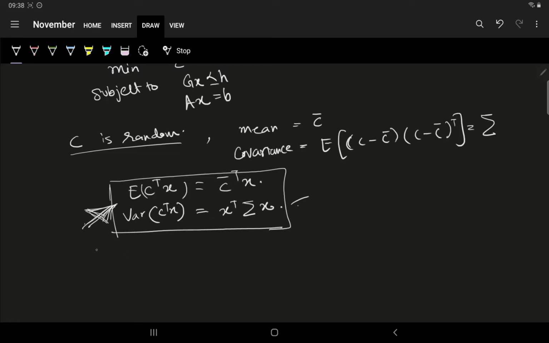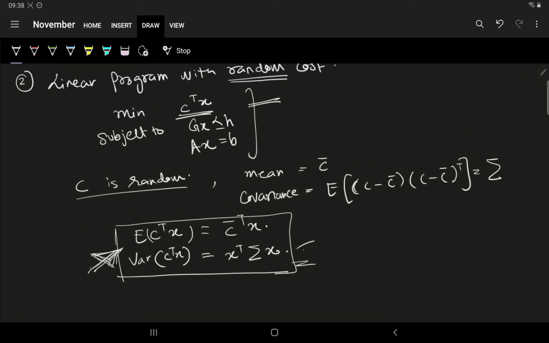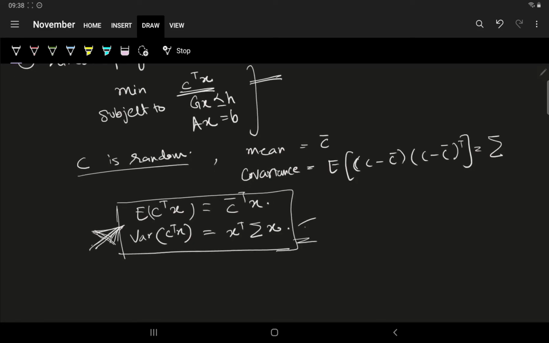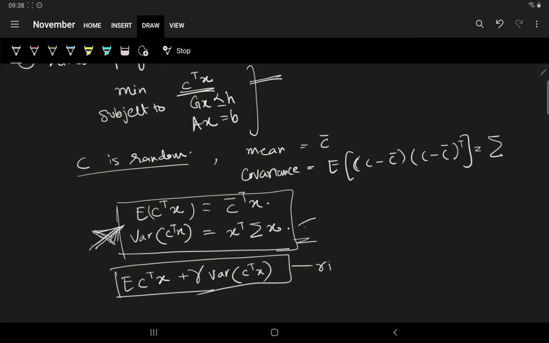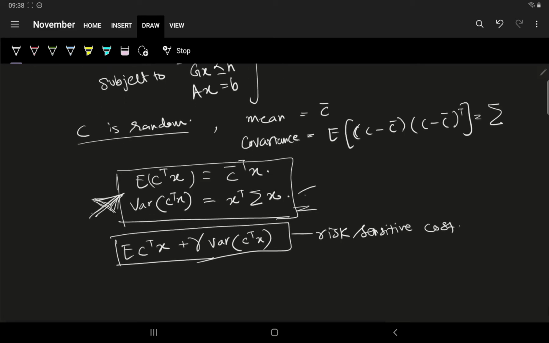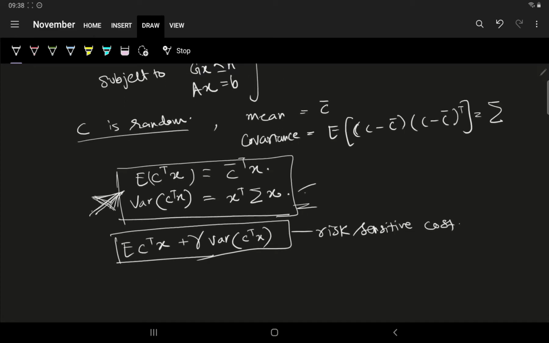So we modify the linear program where the cost is random to a function that is called the risk sensitive cost, where the gamma value, which is greater than or equal to 0, is called the risk aversion parameter.